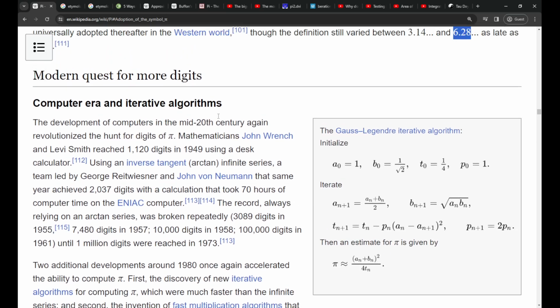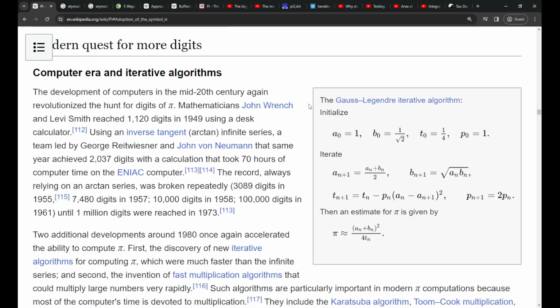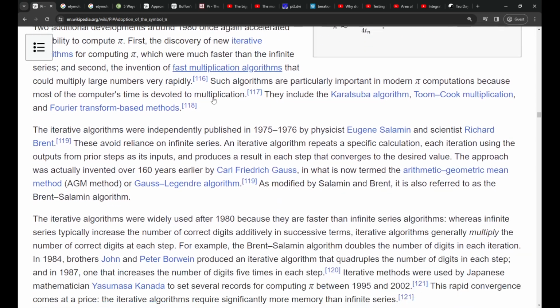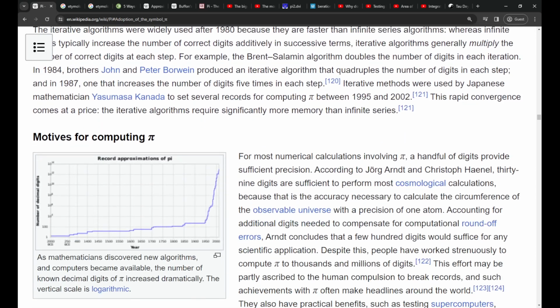Modern quest for more digits. I love the word quest that they use here. Computer era and iterative algorithms. So this goes through the computer era, which I have not read through.